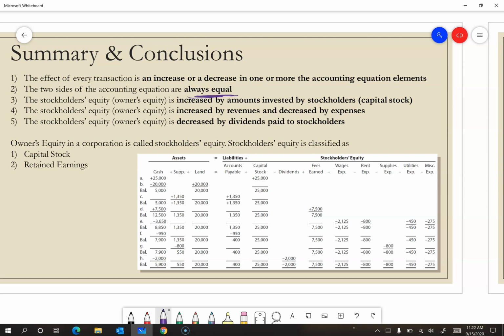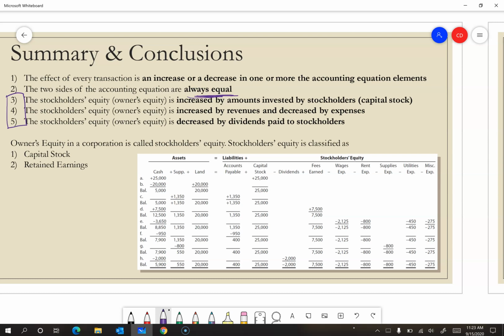These are the new things as far as stockholders' equity is concerned. So stockholders' equity is increased by amounts invested by the stockholders. That's capital stock, okay? Those are the owners of the company. It's just like when we used to do transactions for sole proprietorship, when we would say so-and-so invested $20,000 in the name of the business.